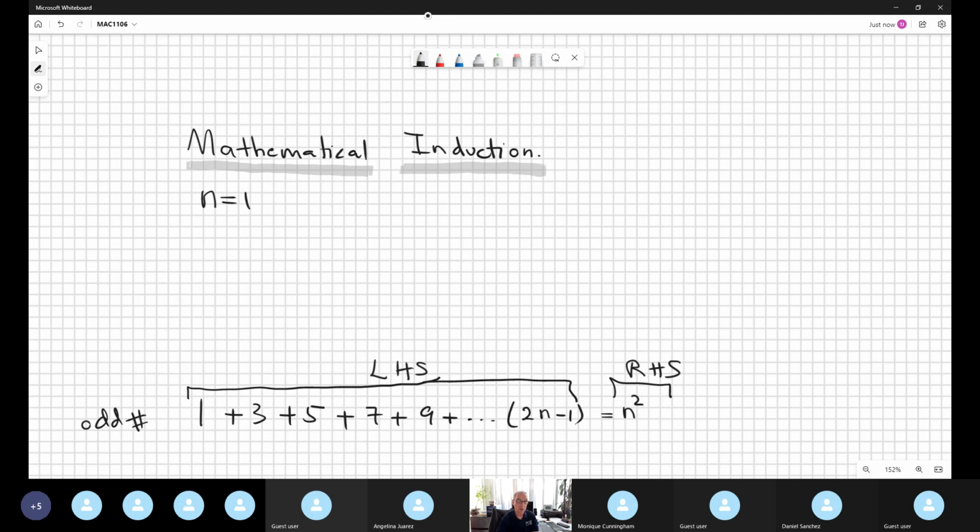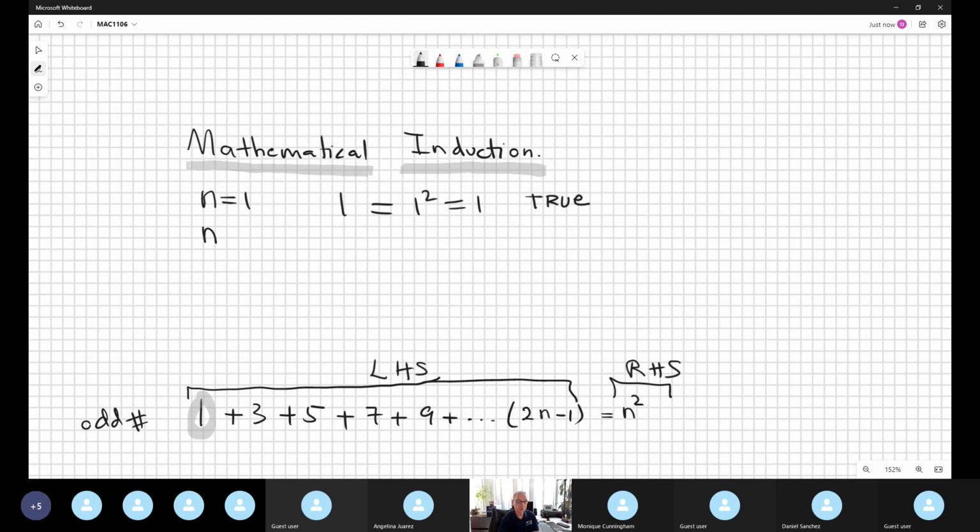N equal 1, the left side is obviously 1. In the right-hand side, you put 1 squared. You replace n with 1. It's obvious that it's true, because 1 is equal to 1 squared.